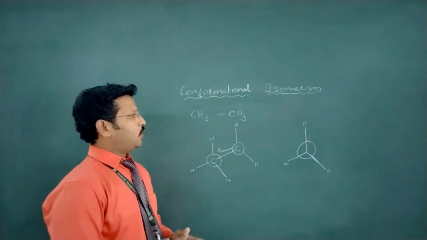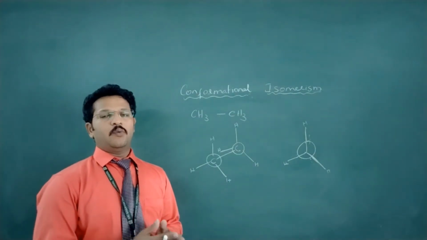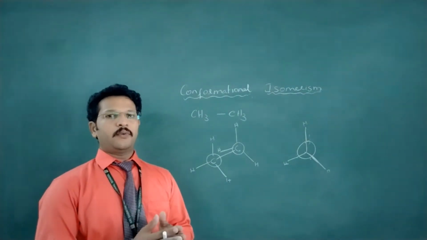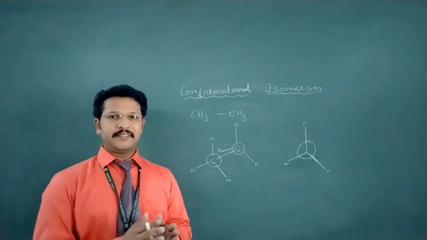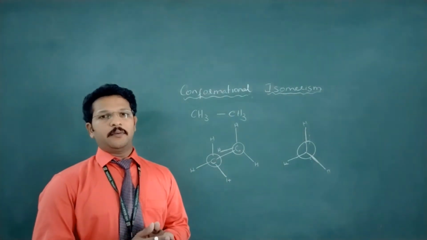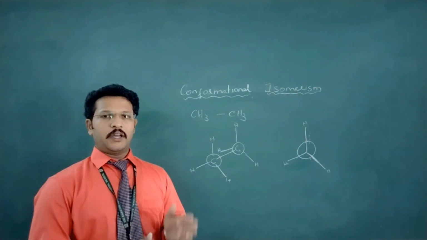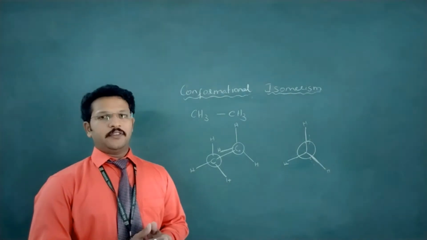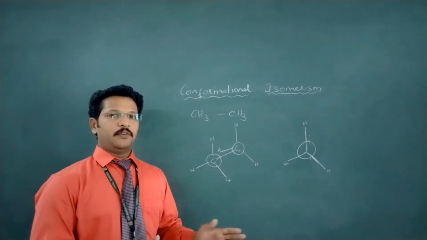I am going to take another example and show the different types of conformational isomers we can find with respect to the C-C single bond. The carbon-carbon single bond has free rotation, and due to this we get different three-dimensional spatial arrangements, called conformational isomerism.